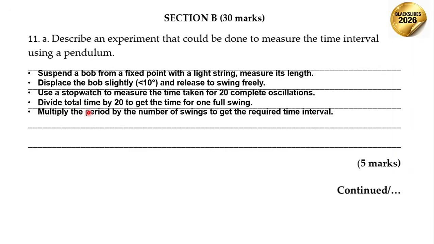What you get here is the period, by the way. Remember, period is the time taken to complete one oscillation. So multiply the period by the number of swings to get the required time interval.